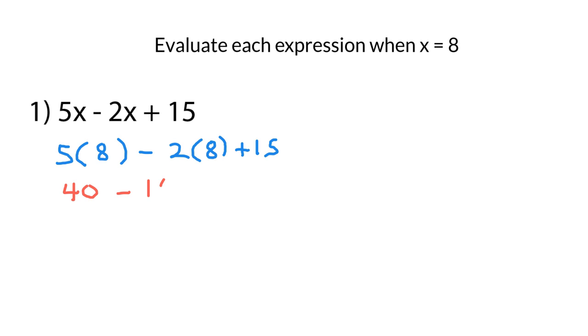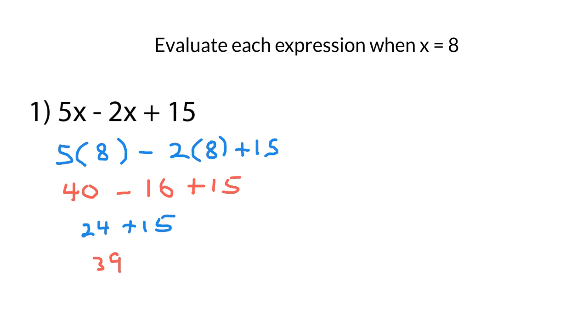Subtract 2 times 8, which is 16, plus 15. 40 subtract 16 is going to be 24, plus 15. 24 plus 15 is equal to 39.